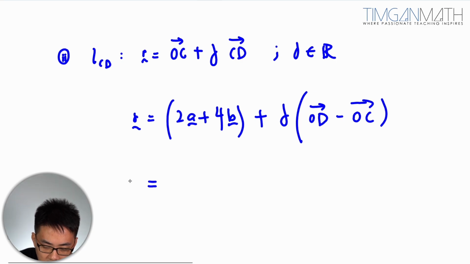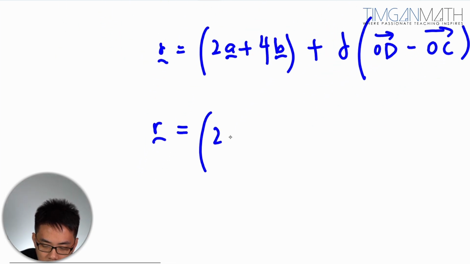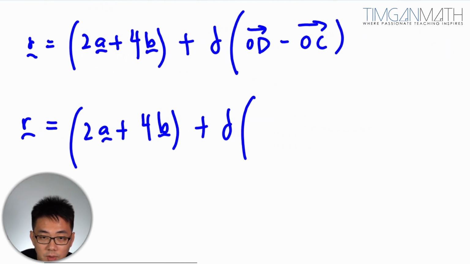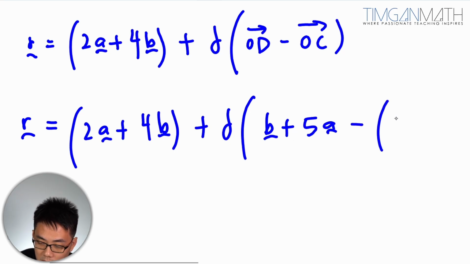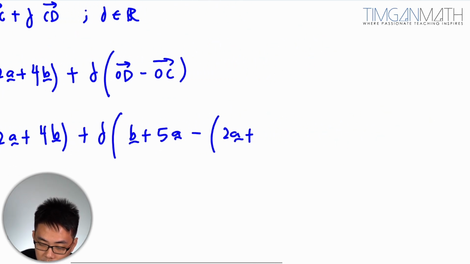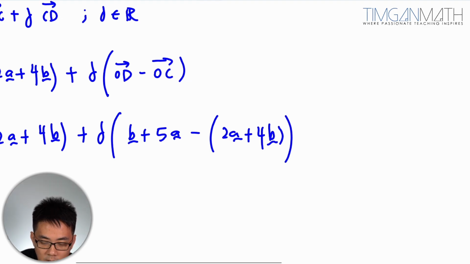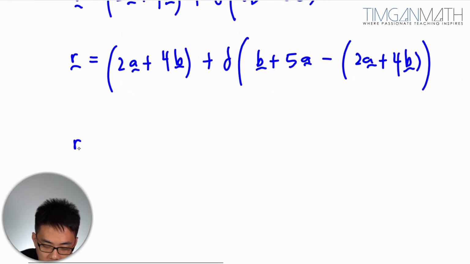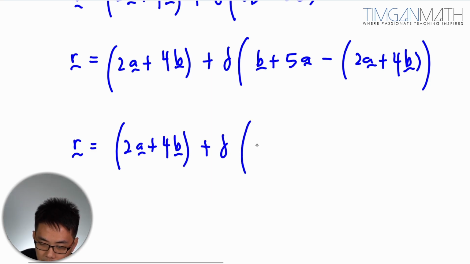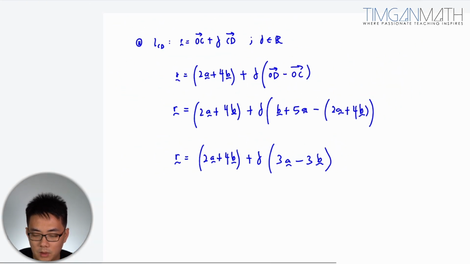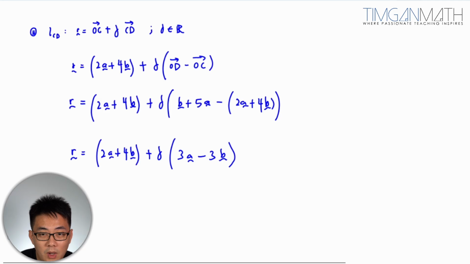Then this will just be R equals to 2A plus 4B plus gamma OD, which is actually B plus 5A minus 2A plus 4B. Okay, there you go. So I'm going to just write this R equals to 2A plus 4B plus gamma 3A minus 3B. Okay, this is 3A minus 3B. There you go. So I think that's about it.